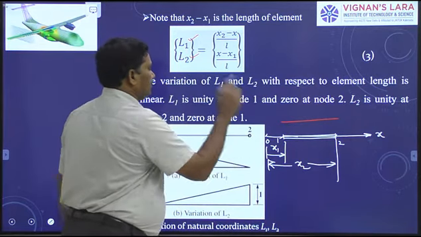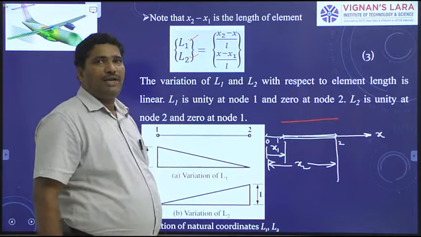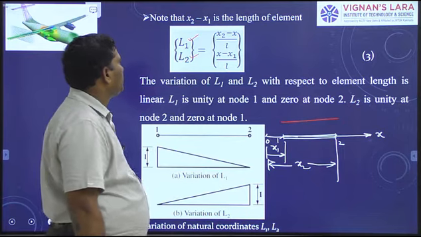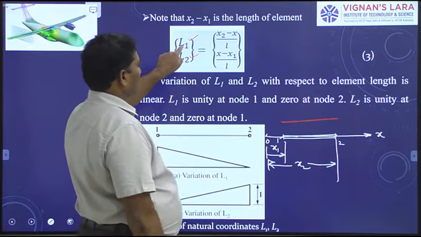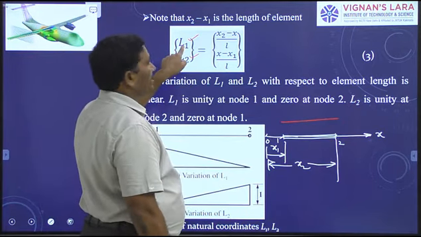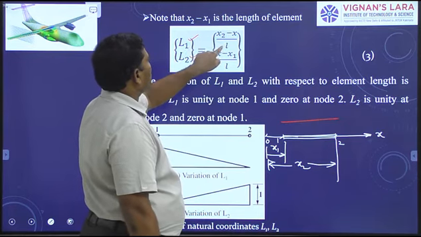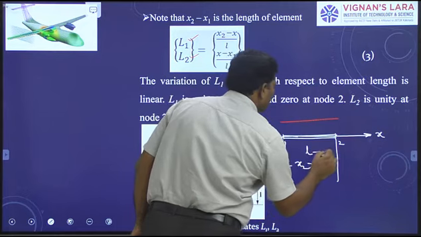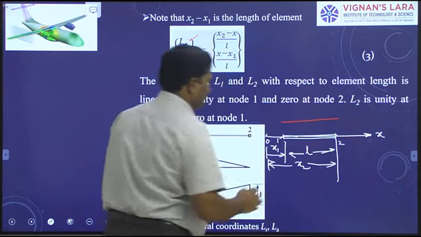Now I take node 1. At node 1, x equals x1. L1 I take. At node 1, L1 equals x2 minus x by L. What is x2 minus x? x2 minus x1 is simply the length of the element.